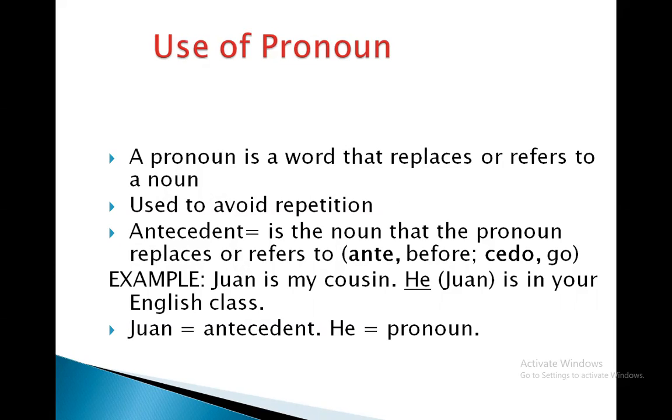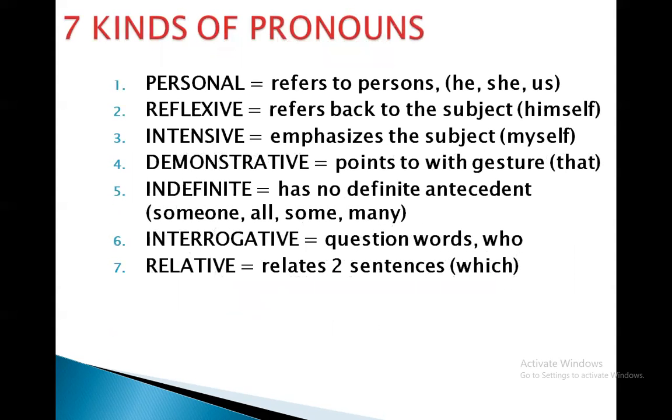There is no meaning change in the sentence, but repetition is avoided. For example, John is my cousin. He is in your English class. Here, John is the word which is replaced with he.